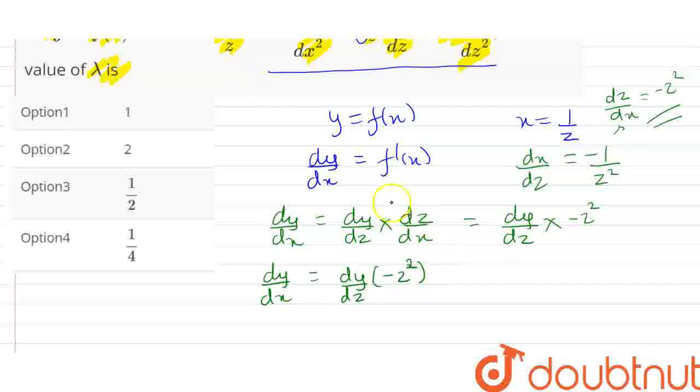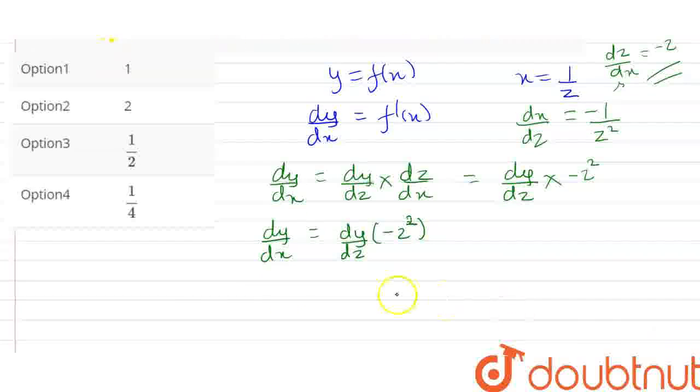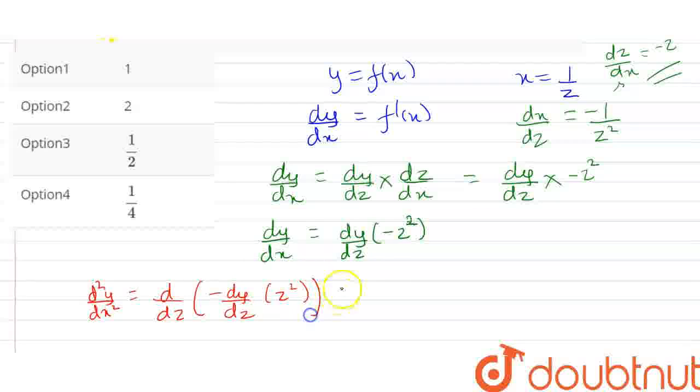Now again differentiating with respect to x both sides, we get d2y upon dx square is equal to d by dz of minus dy by dz, this minus comes out, into z square into dz upon dx. Here we have to do d by dx of this term, and we have only divided and multiplied by dz.